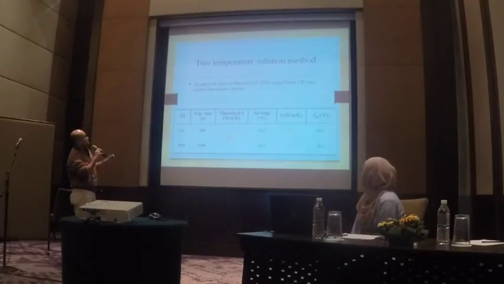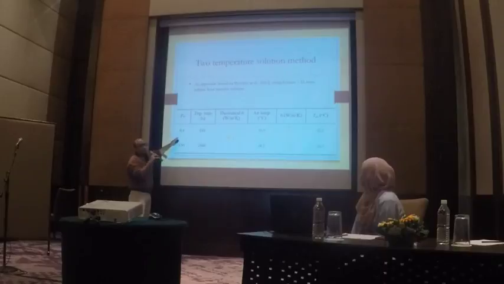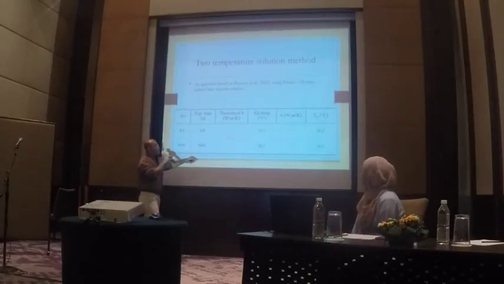So the result for the two temperature solution, which is based on Pony et al. 2012, uses the Fourier one-dimensional semi-infinite heat transfer solution. For Fourier number 0.1, which is the time limitation for the semi-infinite solution, the theoretical heat transfer coefficient is 89.2.